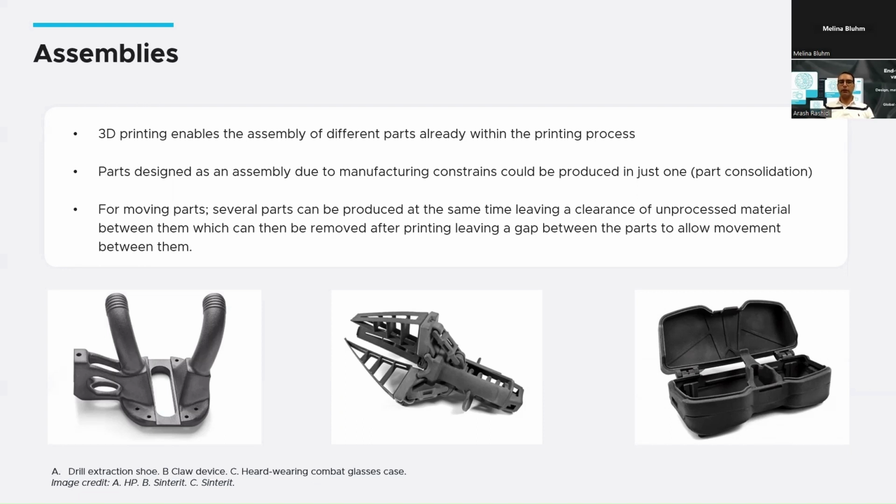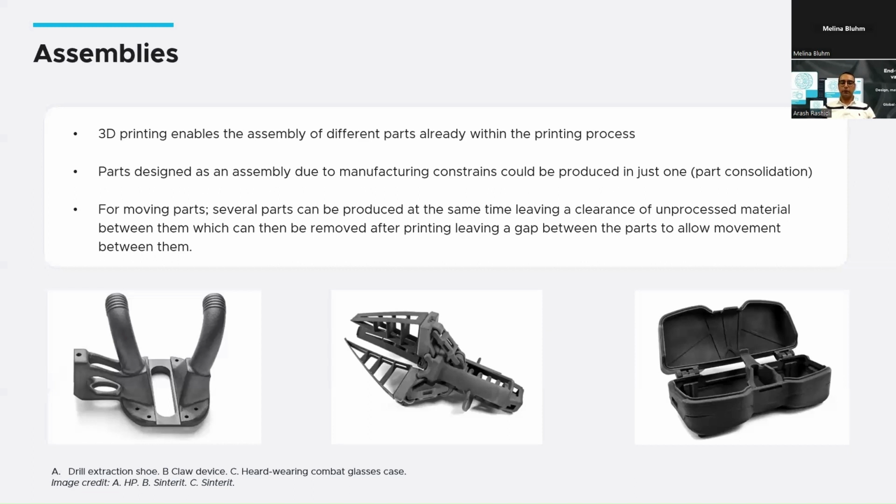So these parts are designed as an assembly due to manufacturing constraints, because many parts you cannot manufacture in one assembly, because you need to manufacture them as single parts and then connect them together.